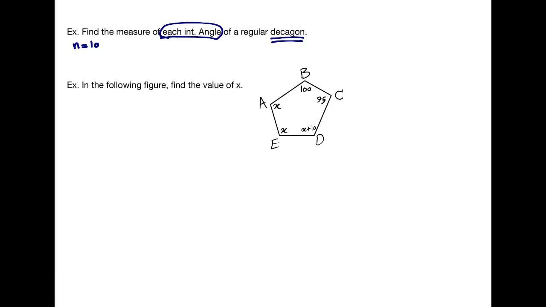So we can divide the result by 10, and that will be the measure of each interior angle. Let's find the sum first. Sum equals 10 minus 2 times 180 equals. 10 minus 2 is 8. 8 times 180 is equal to 1,440.